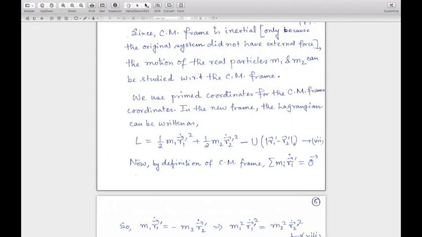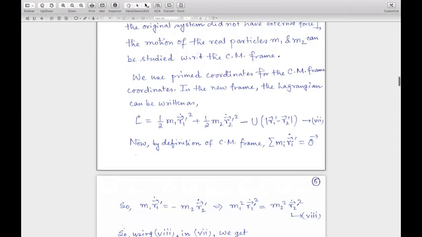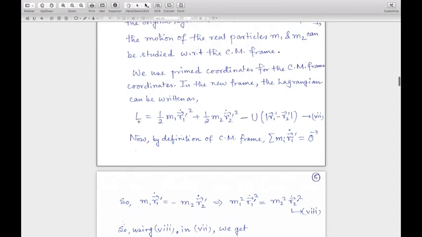Okay, modulus r1 prime minus r2 prime is the same as modulus r1 minus r2, right? There is no problem. So the u will be exactly the same, but these other terms will be different. So this is not exactly the same Lagrangian, to be very honest, but the corresponding physics will be similar.